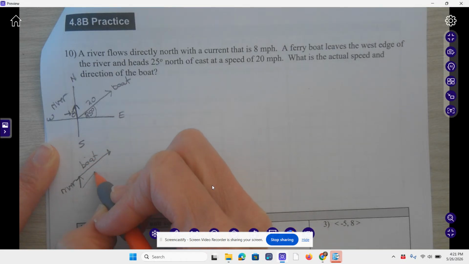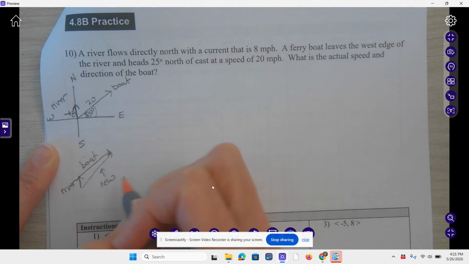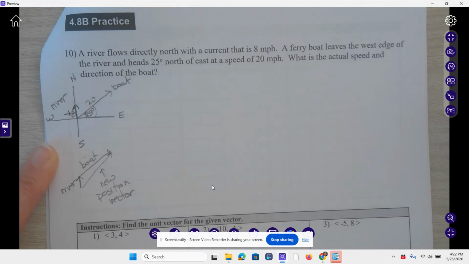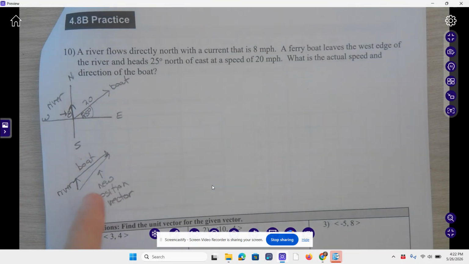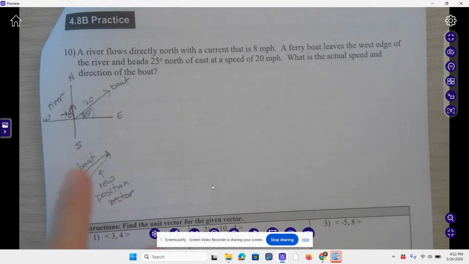This would be our actual or our new position vector. Okay, so this is the one where we want to write a vector that represents this and then find the speed and direction of that vector.